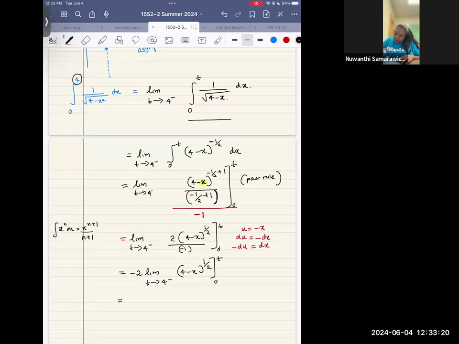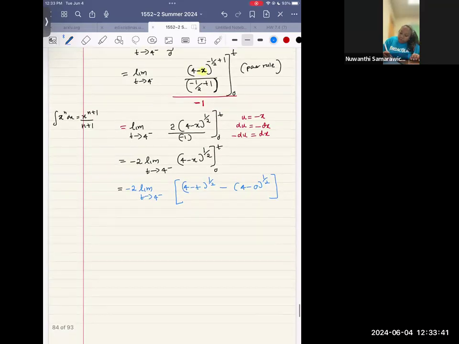Okay, so now use the upper limit and lower limit. So the limit as t goes to 4, here you will have 4 minus t to the power half minus 4 minus 0 to the power half, with the -2. As t approaches 4, 4 minus t to the half goes to 0.